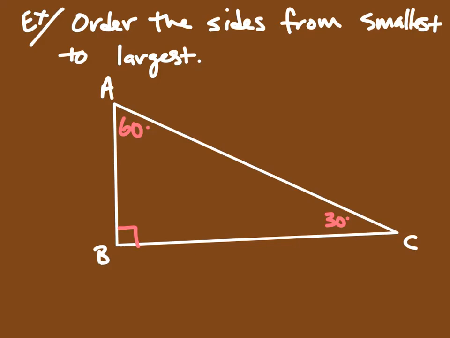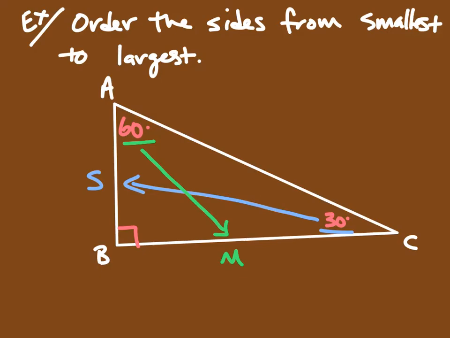So I want to look at my smallest angle, which is 30 degrees, and that's going to be across from the smallest side. So this side length here is going to be my small side. Now the next angle measure, the medium sized one, is 60 degrees because this one's 90. If I look at that one, this is going to be across from my medium sized side length.